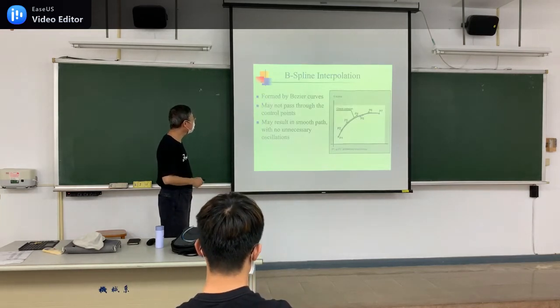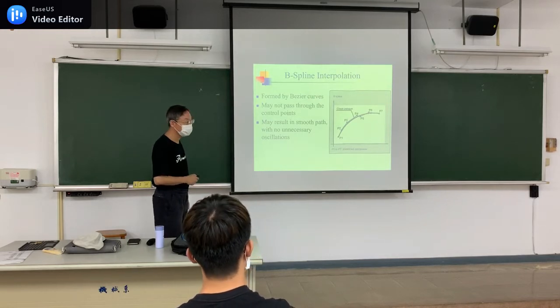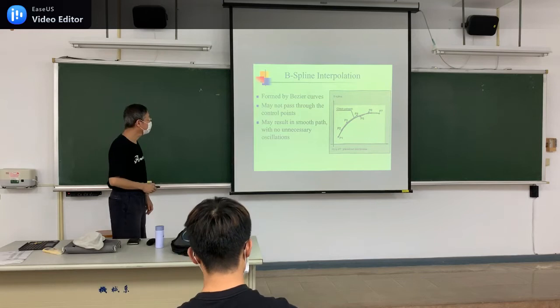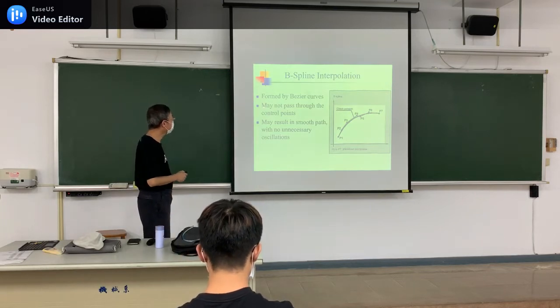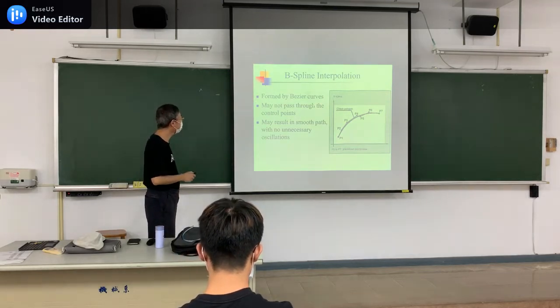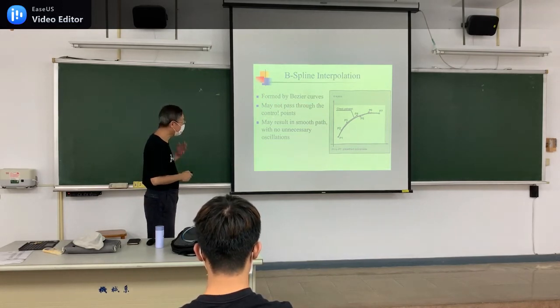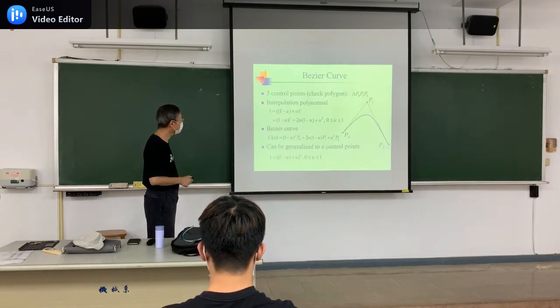From the Bezier curve, we can generalize to the so-called B-spline. B-spline is formed by Bezier curves. In general, it will not pass through the control points, as you can see.